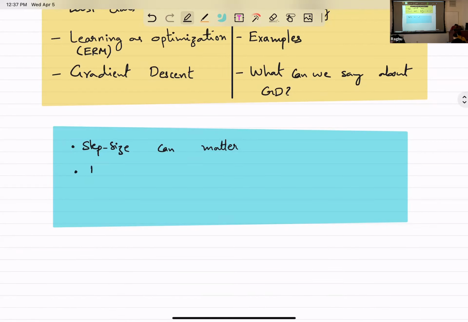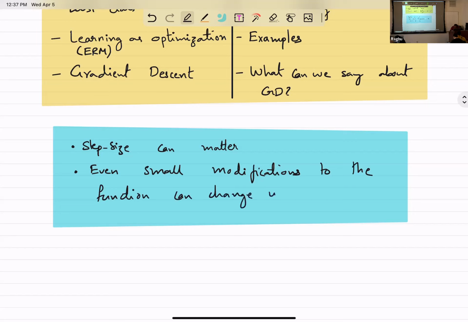And even small modifications to the function can change what happens to different trajectories. Like with a squared plus b squared, most things are kind of moving at least towards one another. With a squared minus b squared, it seems like they're going in different ways.